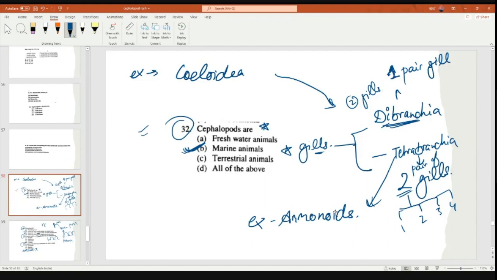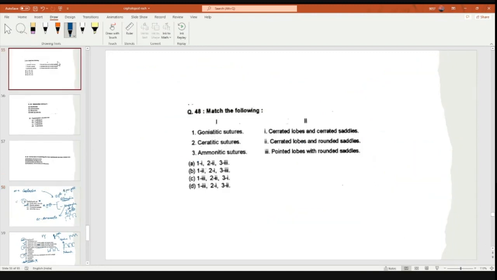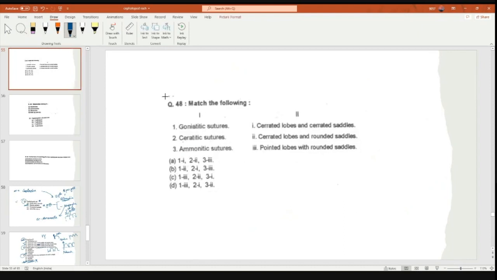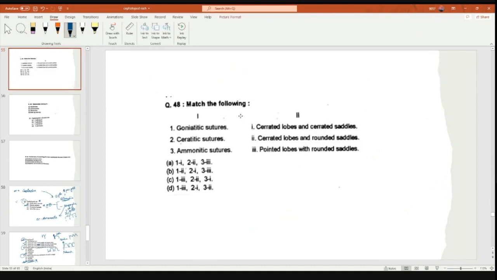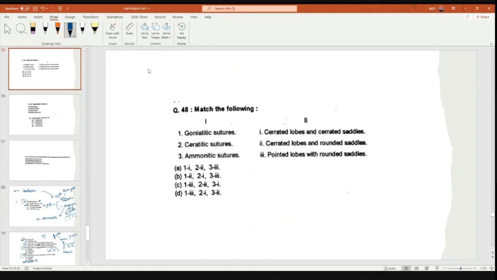So this question number 48 is also based on the suture, because suture is very important. For exam purposes, suture is the most important.